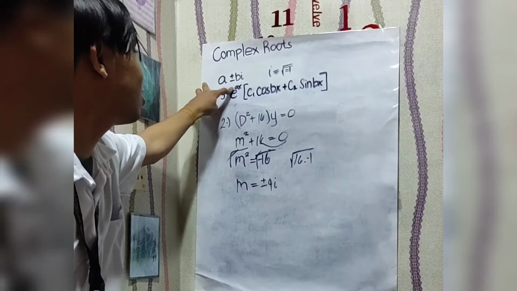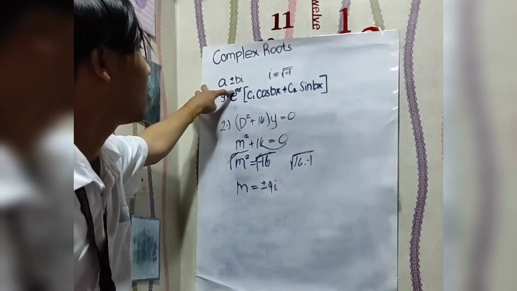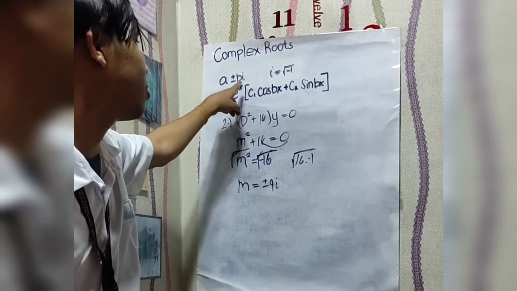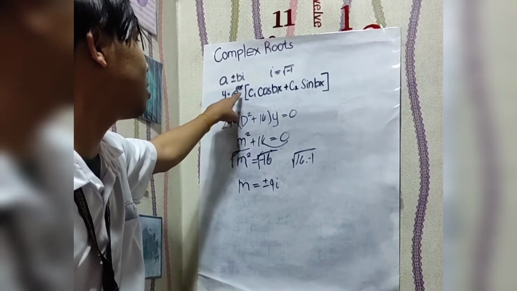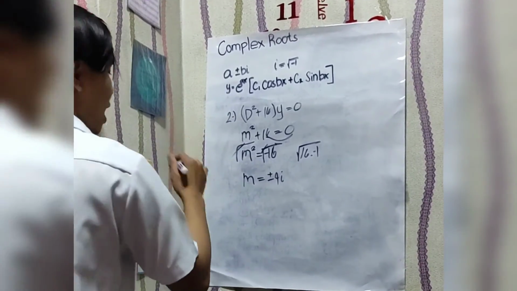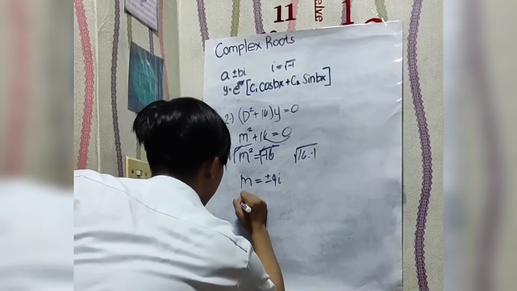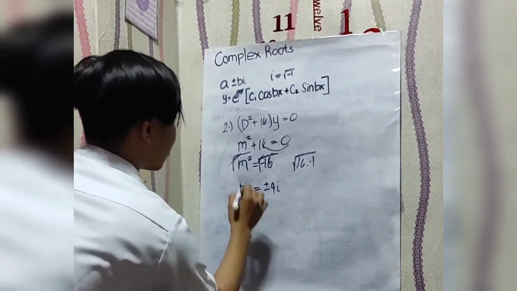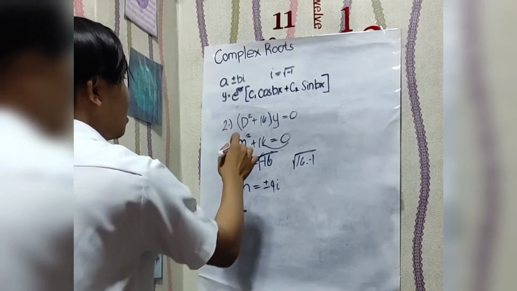Pagka sinubstitute mo ito ng 0, magiging 0 times x, so 0 pa rin. Tapos, e raised to 0 is, anything raised to 0 is 1. Tatanggalin natin to kasi 0 na yung exponent niya. Parang may 1 na lang dyan na naka-times.